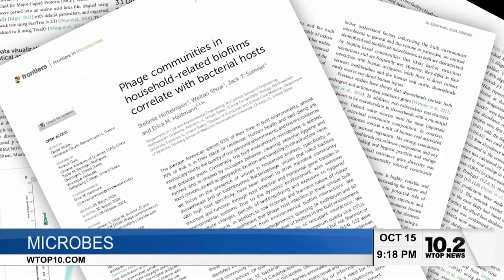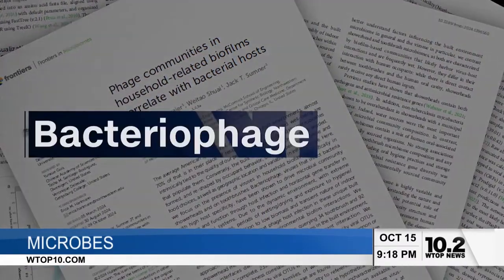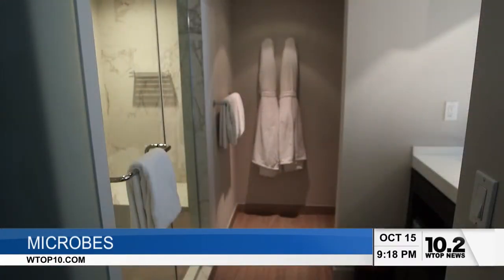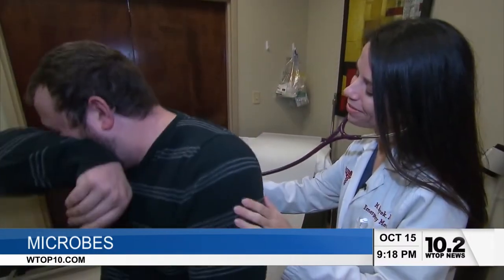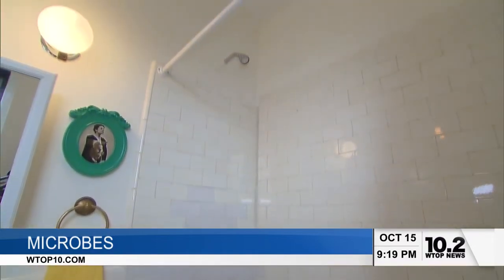But what was surprising is how many different viruses we found and how different they looked from anything that we had ever seen before. Microbiologist Erica Hartman led a study which found something called bacteriophage all over these two environments. While that sounds bad, she says these are not viruses that make you sick. Instead, they infect bacteria, and these could potentially be used to save lives.